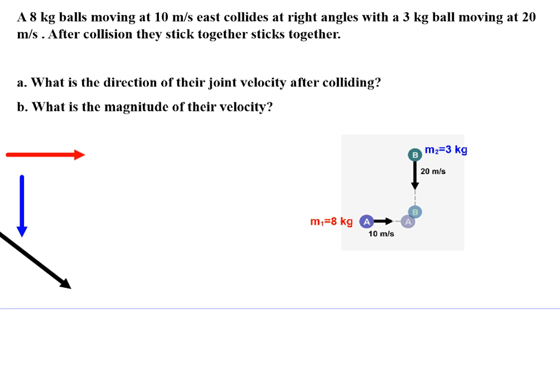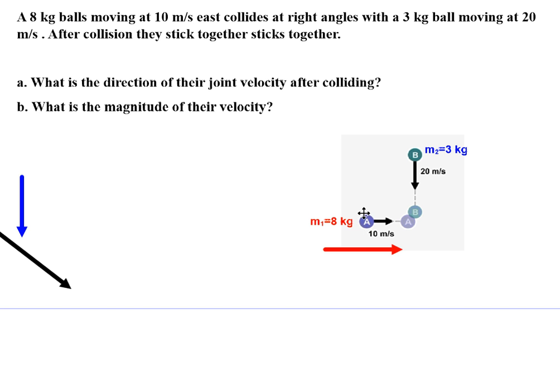As a final example, let's do one two-dimensional collision. We have an 8-kilogram ball moving east at 10 meters per second. We can represent the momentum of this ball by this red arrow.